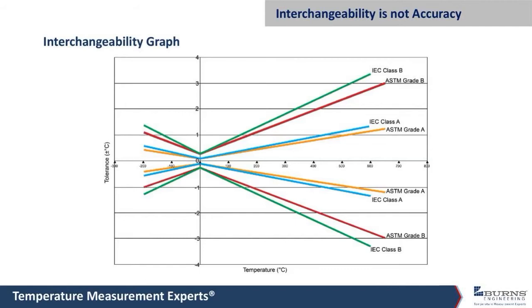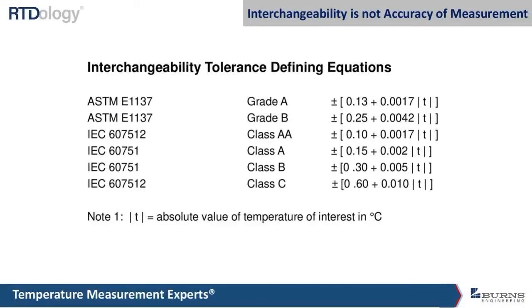Those tolerance bands, we can either go off of a graph and get a rough idea of what they are, but there are some equations that define this tolerance for different temperatures.